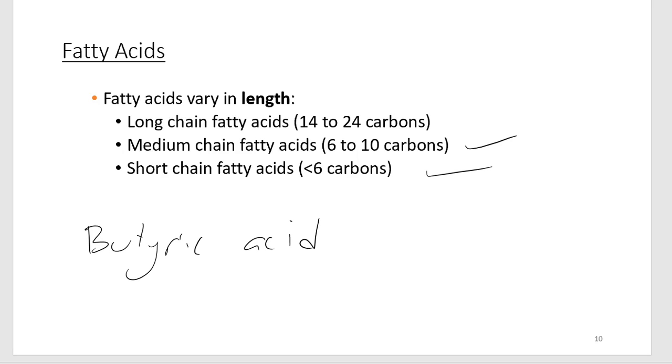It's a short chain fatty acid with 4 carbons. Butyric acid is an important fatty acid found in dairy products. But it's soluble in water. So it's an exception to the general lipid definition. Something to remember, something to know.